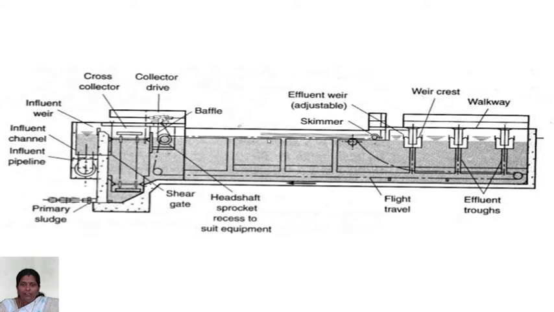The vertical lines indicate the baffles. The purpose of the baffle is to reduce the velocity of the sewage particles. If velocity is less, the amount of sedimentation will be more. If the wastewater is turbulent, settlement is not achieved properly. For that purpose, baffles are introduced.